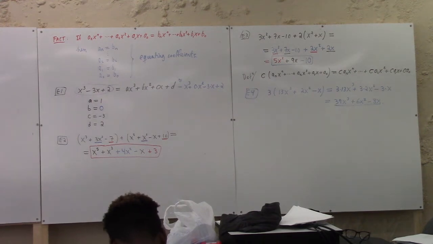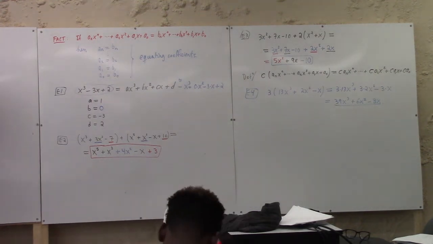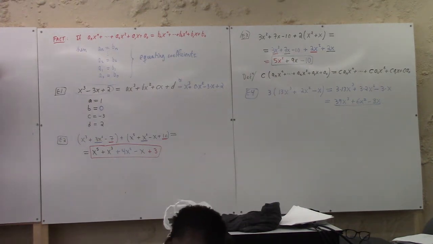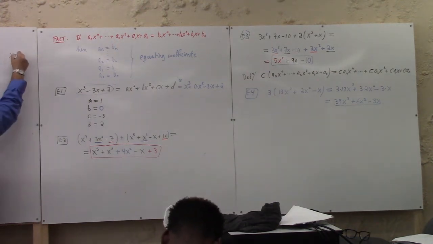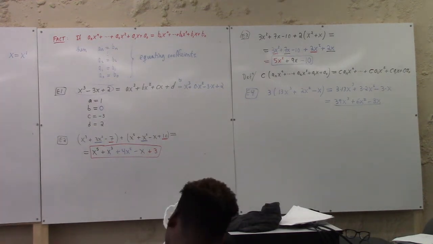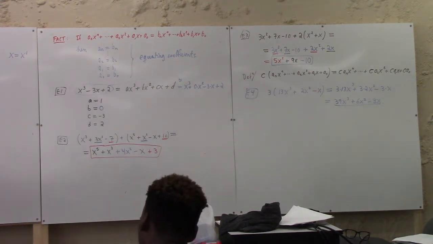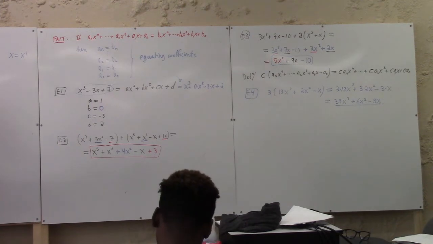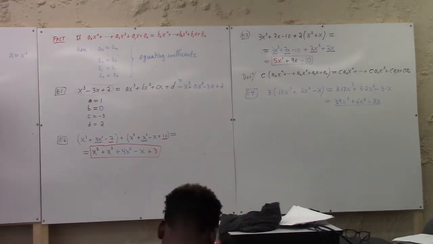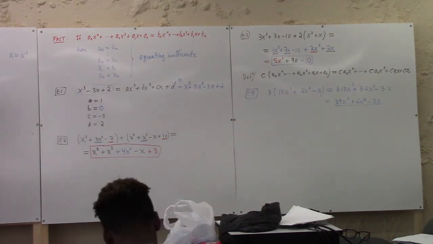So now, x is really what? Really x is x to the 1, right? Remember, x equals x to the 1 power. All right? So what do we have? 1 plus 3 is 4, right? And we have 3x cubed. So there you go.